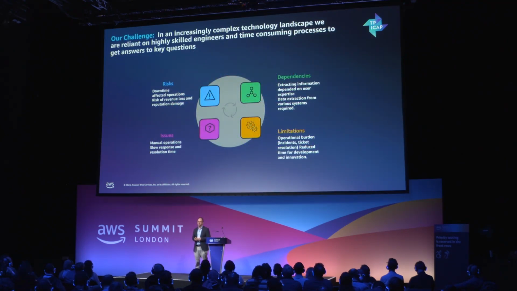So last year we worked with AWS to create 3 Gen AI prototypes, solving 3 real-world problems. I'm going to focus in just on one particular area. To give a bit of context, in general, over the last decade, we've seen tremendous advancements in technology. And with these advancements, we've also seen increased complexity in the technology landscape.